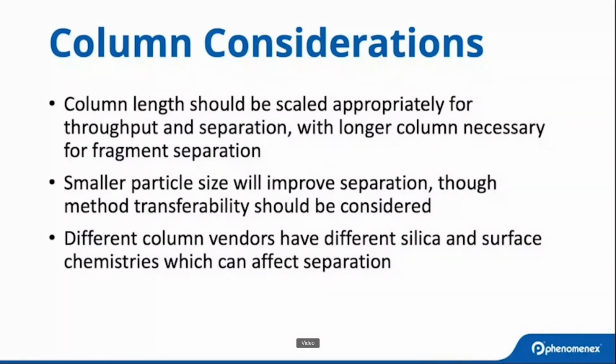Now, a longer column and a smaller particle will improve separation. However, given the smaller particle's potential for clogging, method robustness, as well as method transferability, this may present some challenges. So it may be, if you're looking at a longer column, that the sub 2 micron particle isn't a practical consideration.